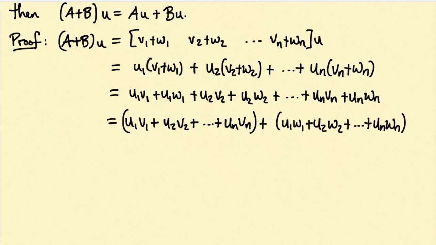Finally, we remember that each of these linear combinations is the definition of A multiplied by the vector u and B multiplied by the vector u. And now we're done.